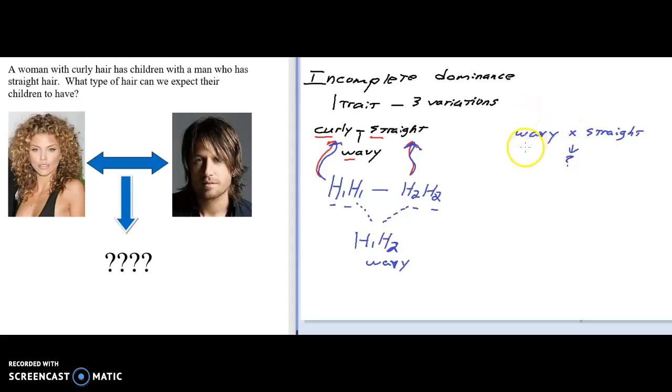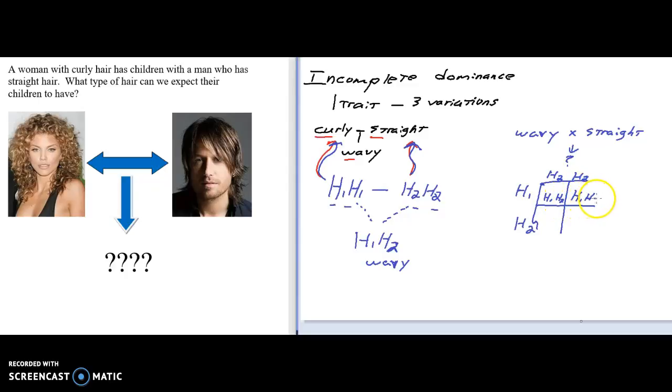But if you were told wavy crossed with straight, and we've established wavy as the H1, H2, and that individual is crossed with an individual who has straight hair, which we've established as H2, H2, what do we think we're going to get? H1, H2, oh, you're wavy.